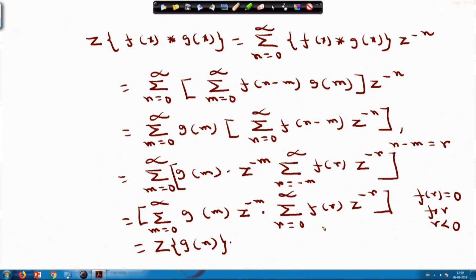Similarly for the second part, summation r equals 0 to infinity f r into z to the power minus r, this is the z transform of f n. So, therefore, I am getting z transform of g n, capital G of z, into z transform of f n, that is capital F of z. And this completes the proof that z transform of f n star g n equals capital G z into capital F z.